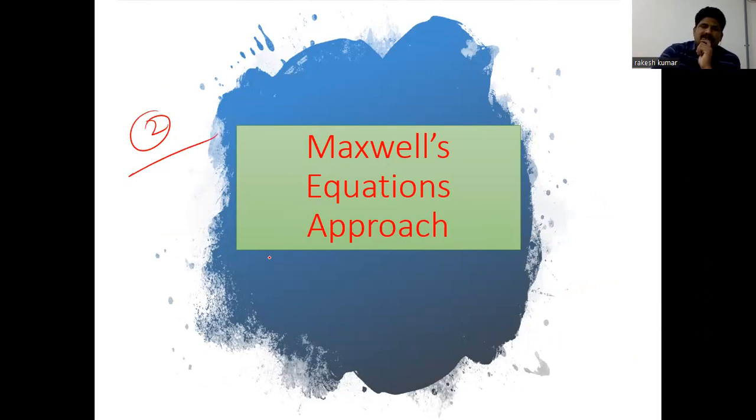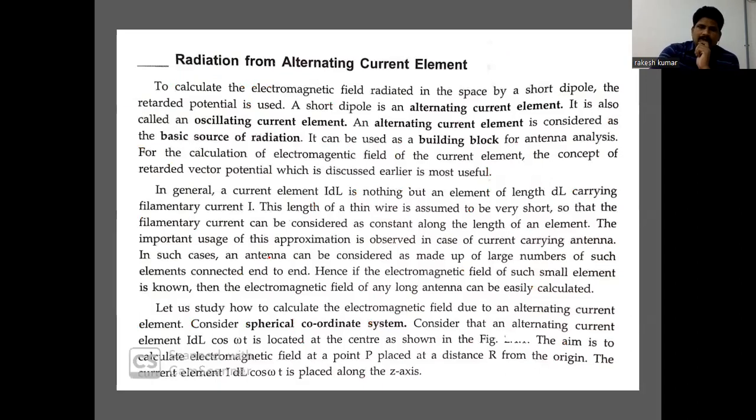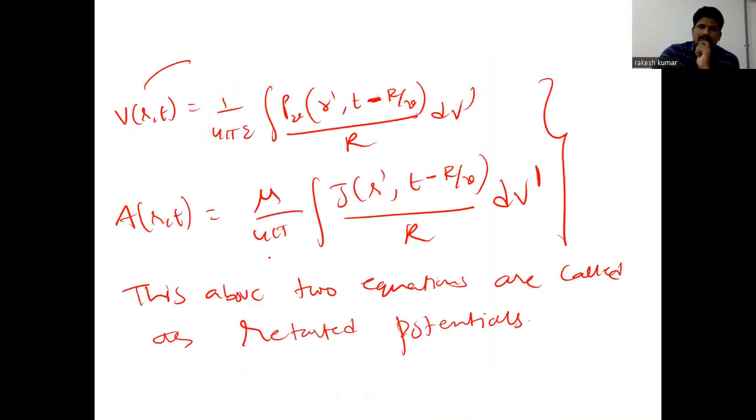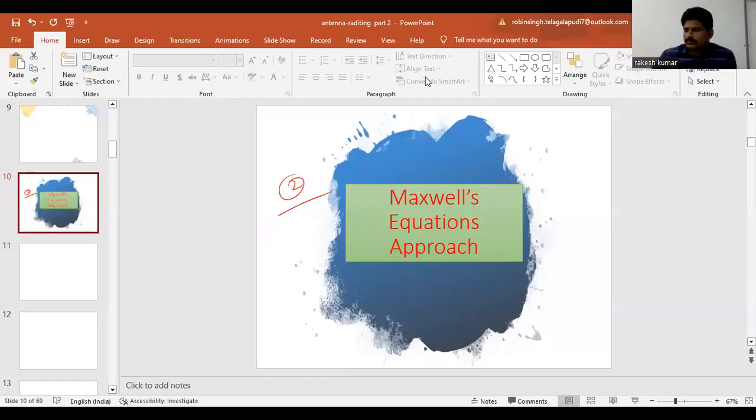So for the Maxwell's equation approach, in order to get retarded potential, first of all we should have knowledge regarding Maxwell's equations. We have four Maxwell's equations.